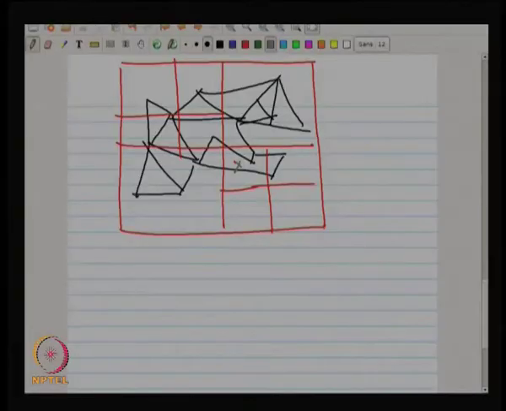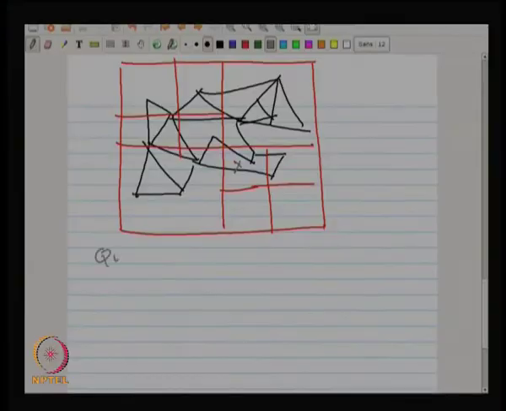But what is the drawback of this scheme? We do not really have a bound on the height of the quadtree, which is the query time. The query is the height of the quadtree, on which we do not have a bound.